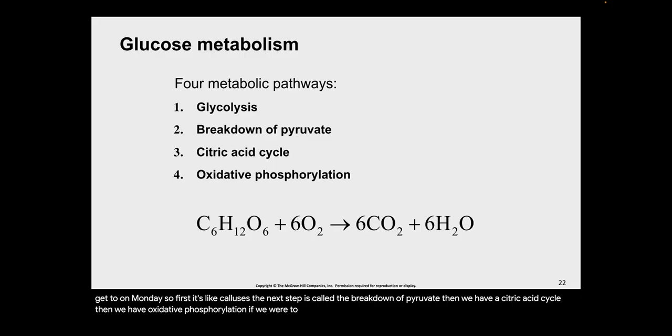If we were to take these 4 pathways and generalize it into one equation, we would get glucose plus oxygen yields carbon dioxide and water. Okay, but there's many more steps in between to get to that. Now we're going to start by talking about glycolysis today. Okay? And then we'll come back to the other 3.